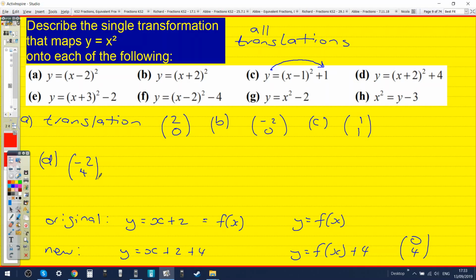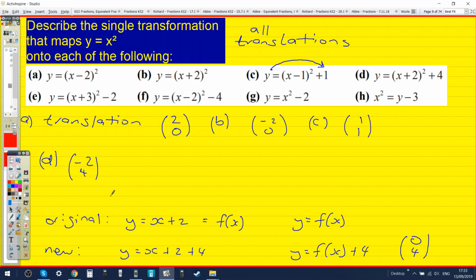In the example, y equals x plus 2, x equals x plus 2, yes? Say it again, sorry? In the example that we just did, y equals x plus 2, x plus 2 equals x, yes?